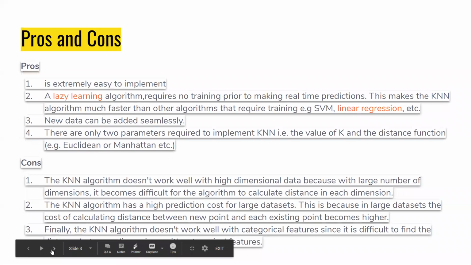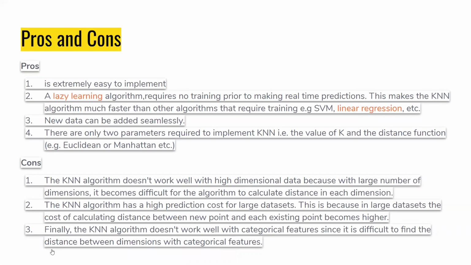This is a very lazy algorithm. For each new data point, we need to find the distance between that data point and all the other existing data points. So the speed and the efficiency of this algorithm changes with the number of data points.